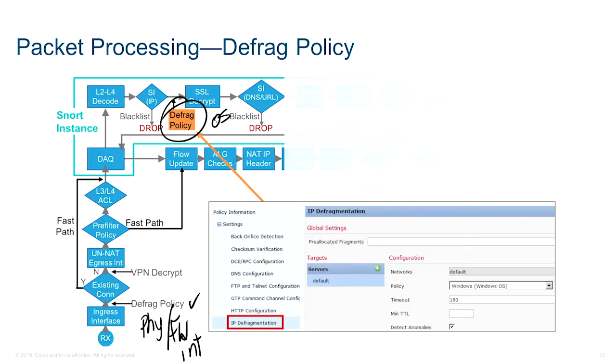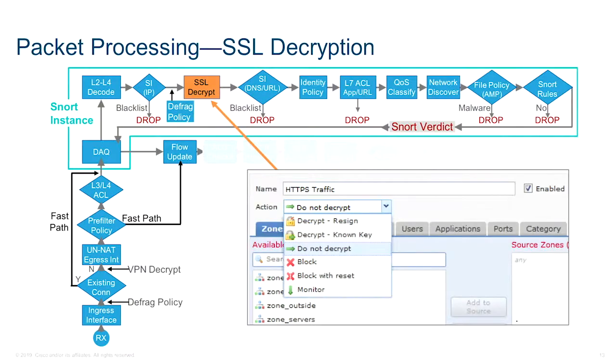Different operating systems will handle fragmentation of traffic slightly differently. So on an IP defragmentation setting, we're able to define that the lion's share of the systems in our environment are Windows-based systems, and define a defragment policy for the source based upon the most common types of operating systems on our network.